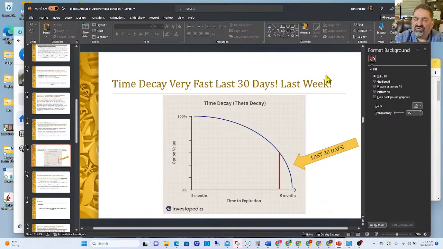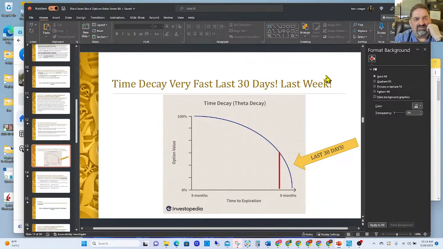And if I sold the put, I could have got another $3 or whatever it was. And so there was an intrinsic value, the difference between the price and the strike price, and now there's time value. And you can see by this chart that in the last 30 days, the time value drops off dramatically.